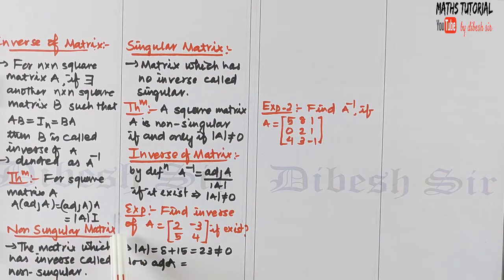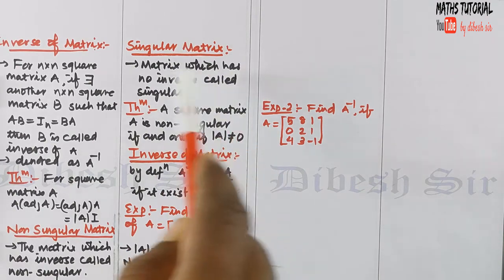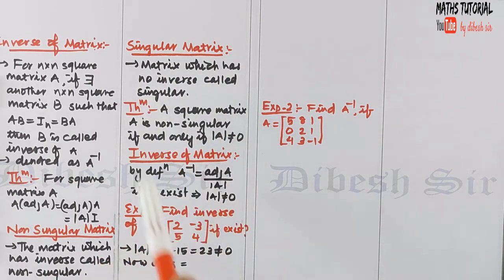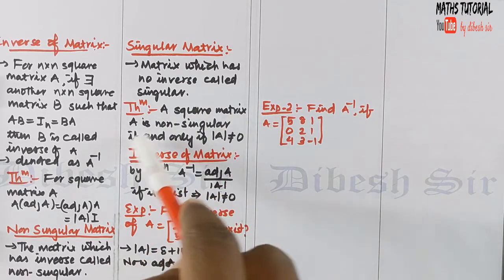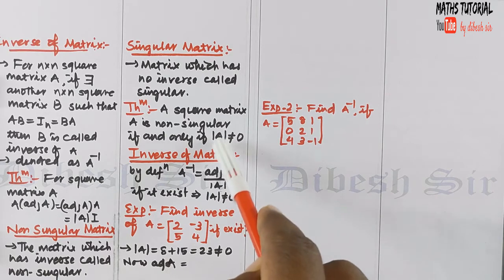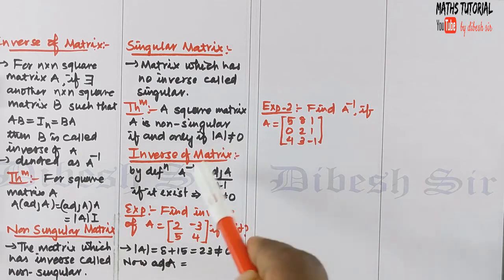Next, non-singular matrix. The matrix which has inverse is called non-singular matrix. Remember that, which has inverse is called non-singular and which has no inverse is called singular. Theorem: a square matrix is non-singular if and only if determinant A is not equal to 0.